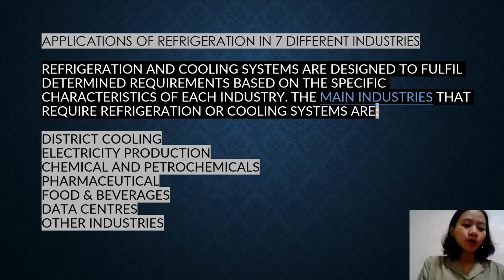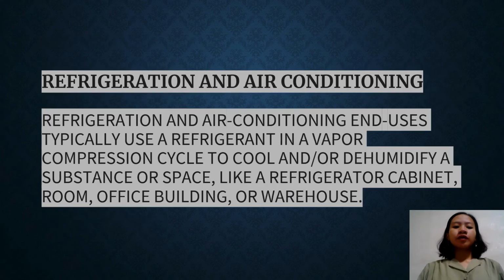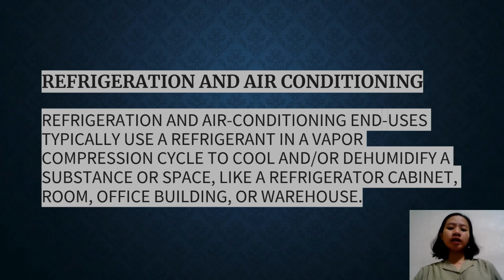Refrigeration and cooling systems are paramount for many industries to work adequately, from district cooling to data centers. Refrigeration and air conditioning end users typically use a refrigerant in a vapor pressure cycle to cool or dehumidify a substance or space like a refrigerator cabinet, room, office building, or warehouse.